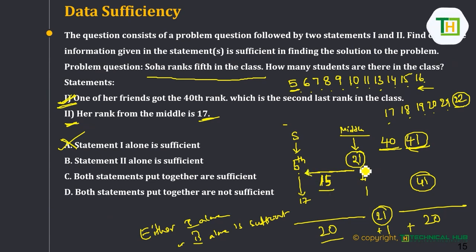So 21 is the first rank plus 15 makes 16 ranks. I forgot the 12 here. So 21 is exactly the middle one.